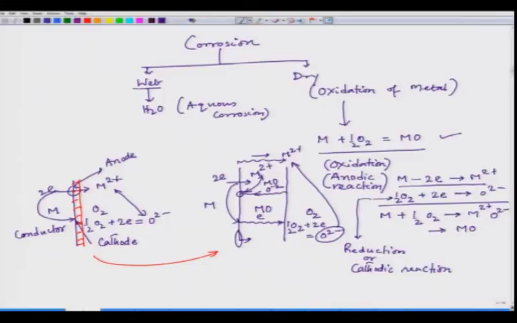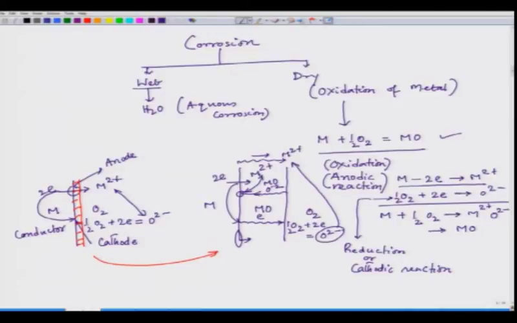In case the metal ion moves out from the metal-metal oxide interface and comes to the metal oxide-oxygen interface, and there it combines with the oxygen ion, then the oxide growth takes place at the interface of metal oxide and gaseous oxygen.